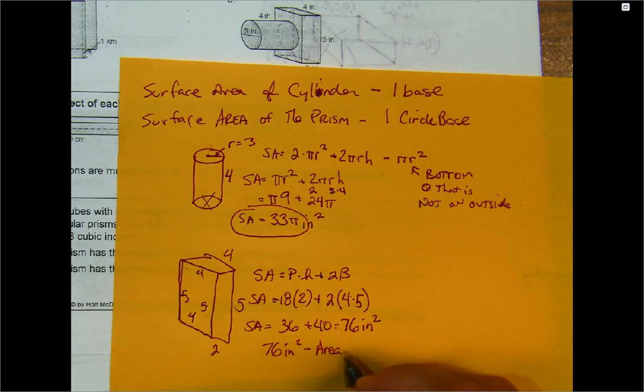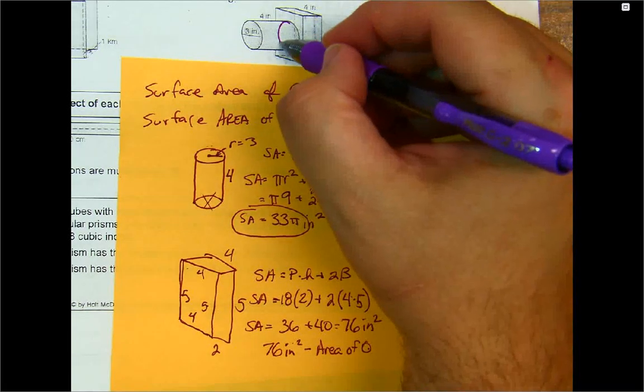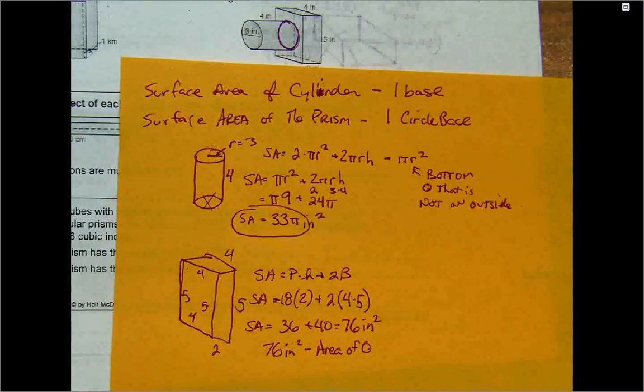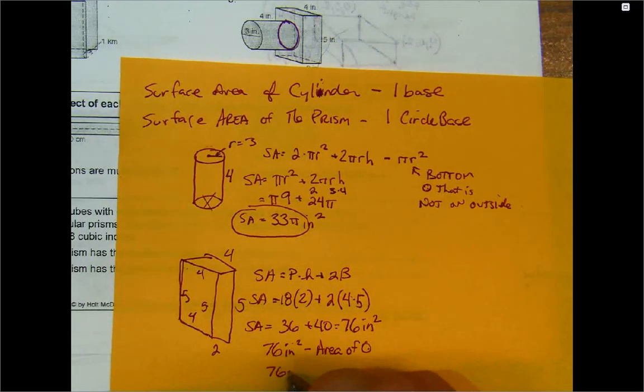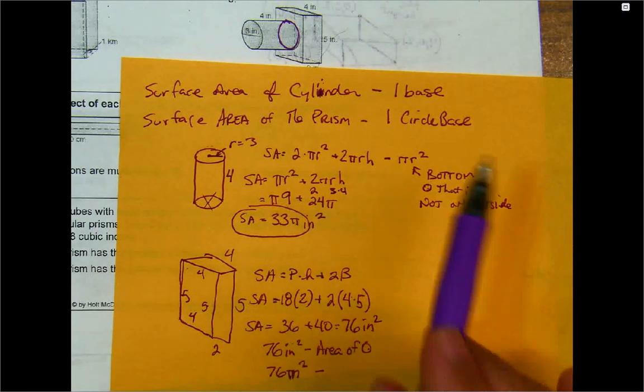But now I have to take that 76 inches squared and subtract off the area of the circle, because that circle right up here is off of the face, so we're not going to use that. So I'm going to get 76 inches squared minus the area of the circle, which is 9 pi.